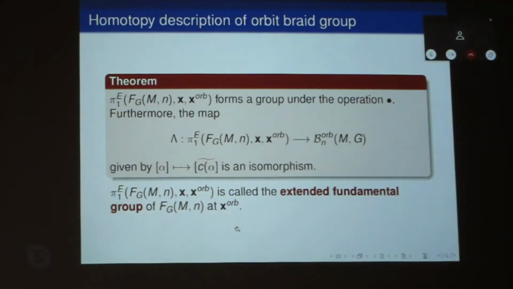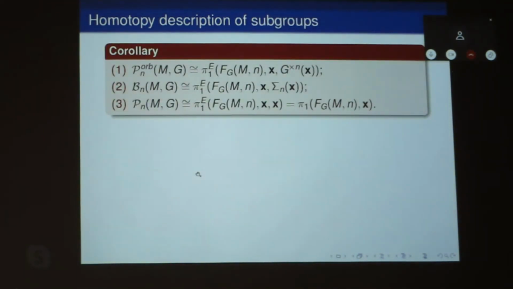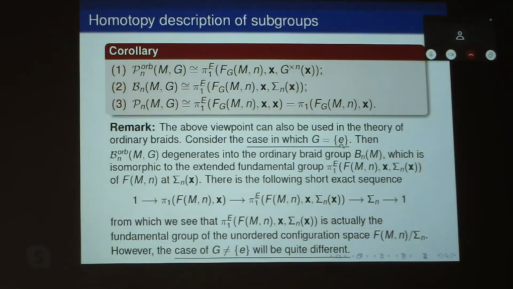Also, we can give a homotopy description of this subgroup of the orbit braid group. In the special case, if G is trivial, that case is just the ordinary case. Here, the orbit braid group becomes the ordinary braid group, which is also isomorphic to the extended fundamental group.